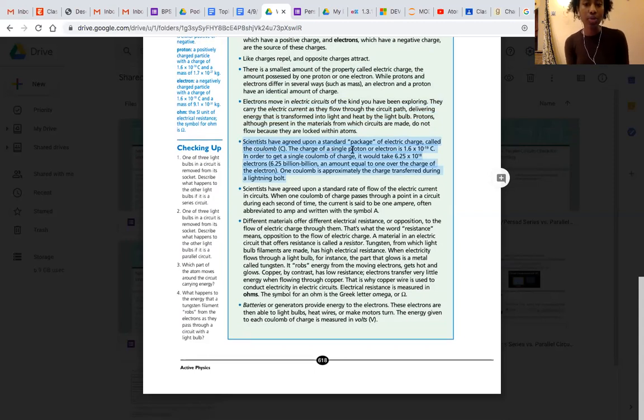The charge of a single proton or electron is 1.6 times 10 to the negative 19 C. In order to get a single Coulomb of charge, it would take 6.25 times 10 to the 18th power electrons, or 6.2 billion billion, an amount equal to 1 over the charge of the electron. 1 Coulomb is approximately the charge transferred during a lightning bolt.